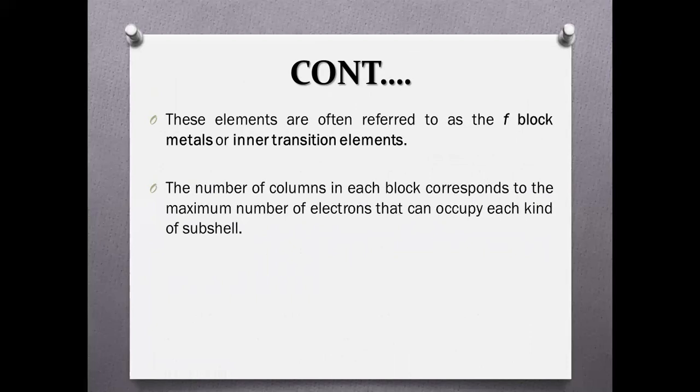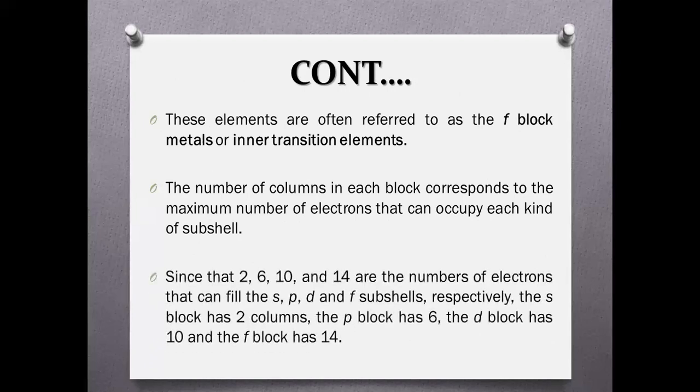The number of columns in each block corresponds to the maximum number of electrons that can occupy each kind of subshell. So you should be able to understand about that. What is the maximum number they can obtain under your subshell?